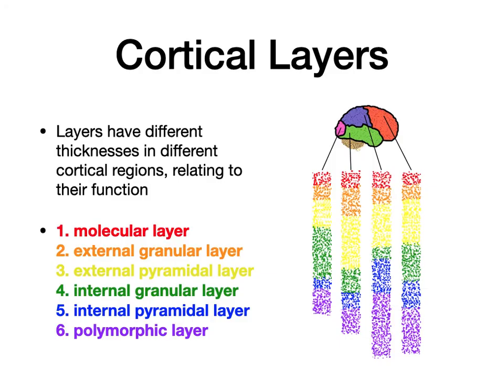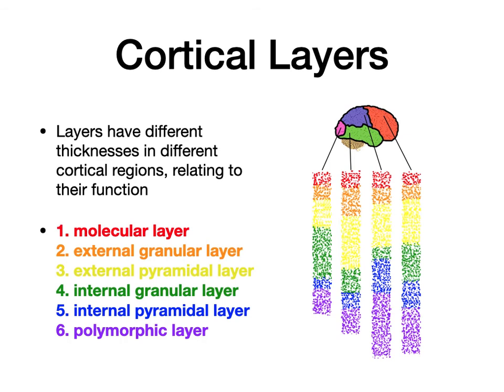Further, different layers have different thickness for each region, right? So the occipital layer is going to have a different density of some of the more processing intensive things, whereas the parietal layer seems to have a lot more in that lowest layer, the polymorphic layer that connects to the thalamus and the body so much, which is also effectively where a lot of the motor activity is coming from.